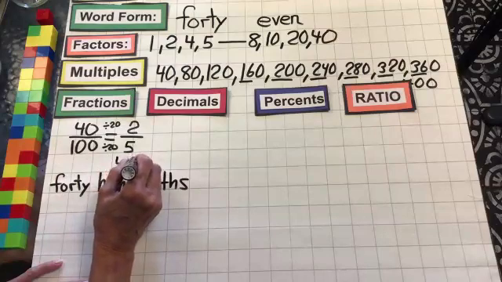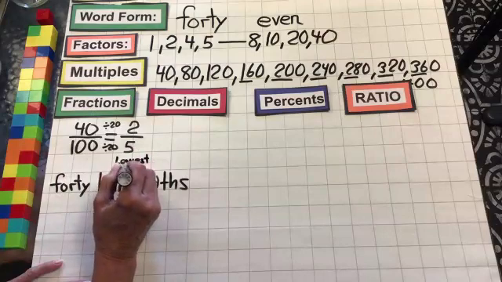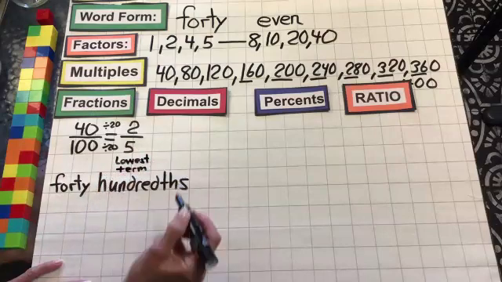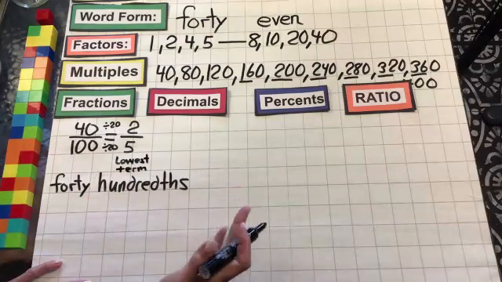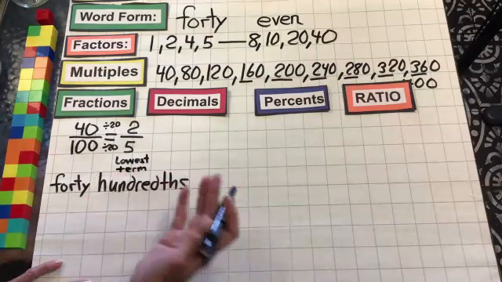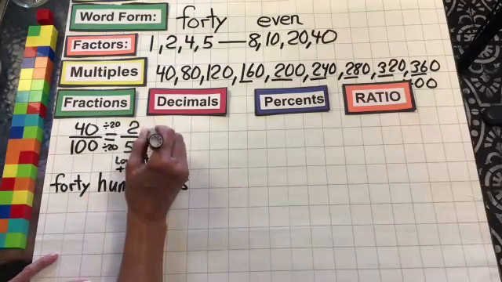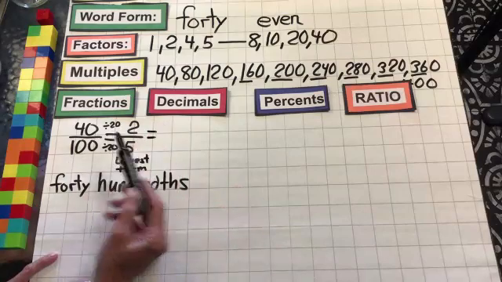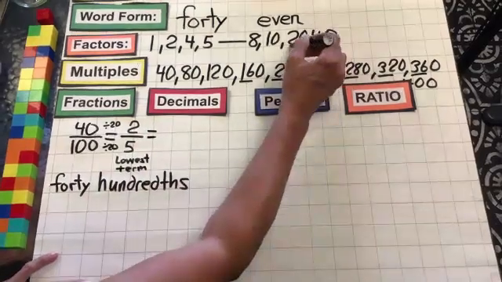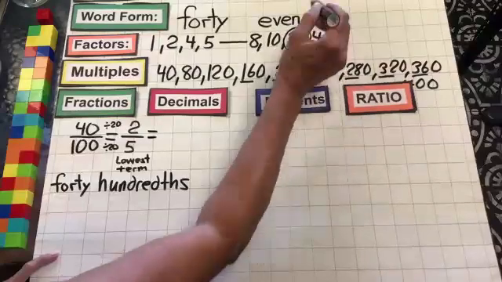So find a way to write lowest term somewhere and point to that fraction right there, lowest term. So that's getting it down to the smallest numbers possible. 2/5 can't go any lower. All right. So we're using this as our greatest common factor.